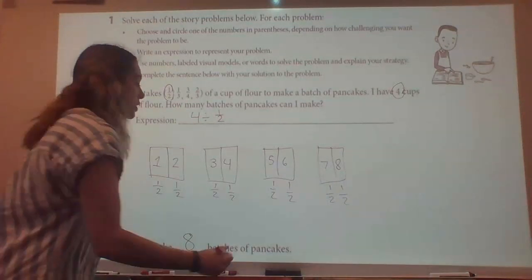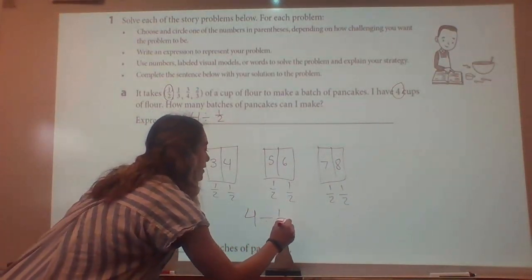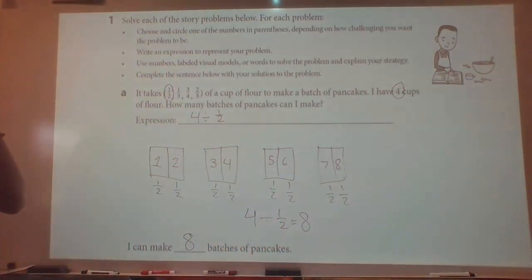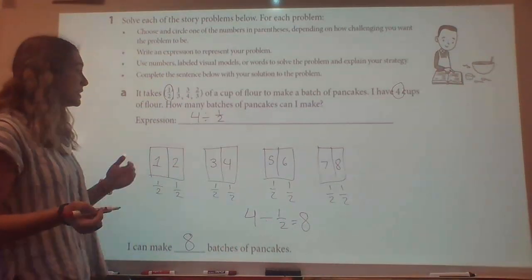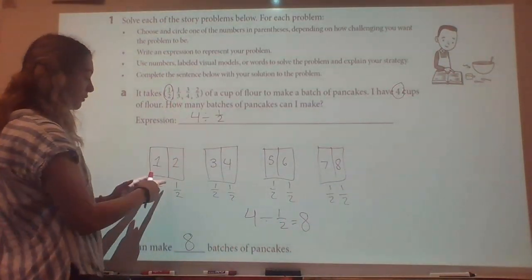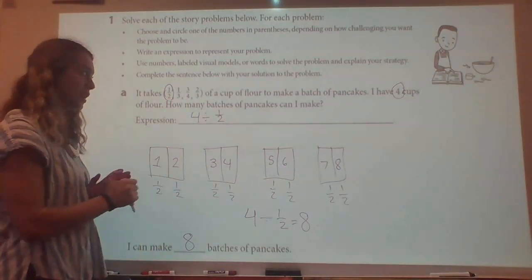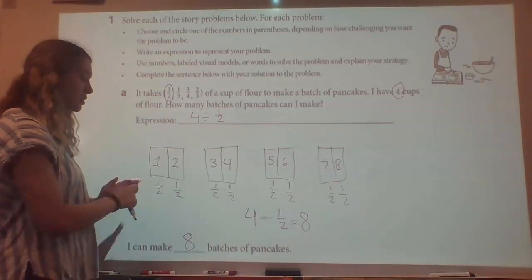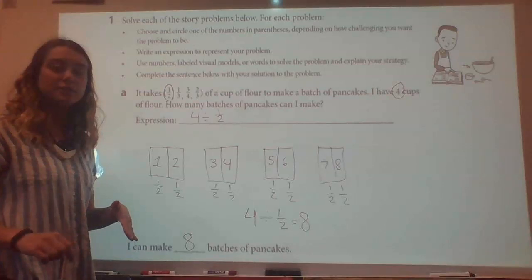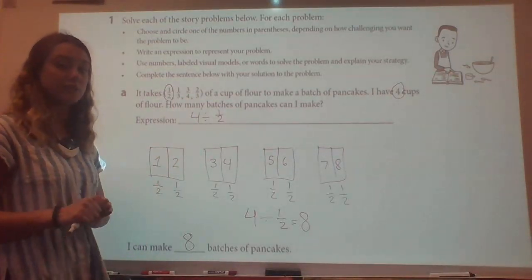So I know that when I have 4 cups of flour and I divide them in half, I can make 8 batches of pancakes. Now, this might be a great model so that you can choose 1/3 and divide your cups into thirds. Or 3/4 is a tricky one, same with 2/3, and divide your cups into 3/4 or 2/3. I'd advise using colors for 3/4 and 2/3 not to get mixed up.